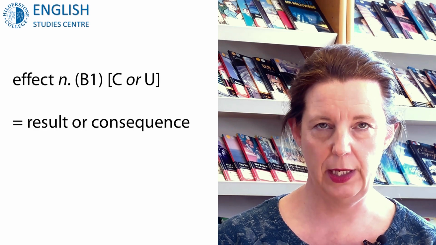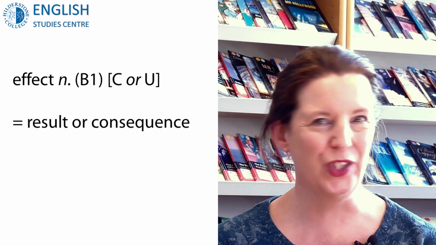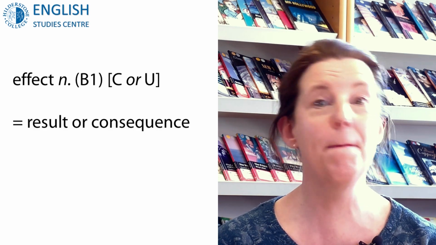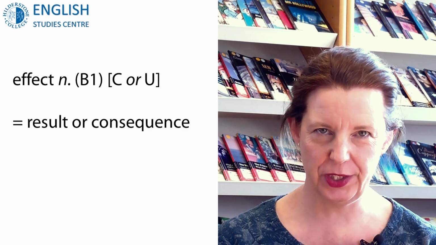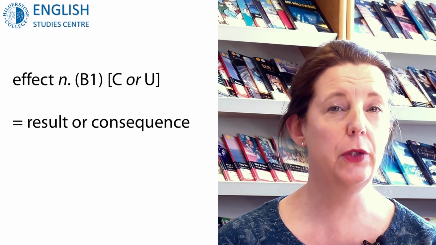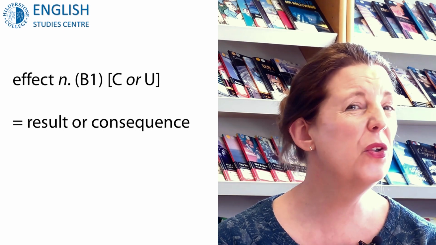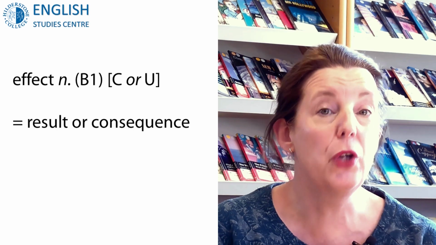A countable noun is one you can count logically. So you can have one teacher or two teachers or many teachers. A noun like water is usually used as an uncountable noun because you can have water, but not two waters because it's all the general substance, so you can't count it.